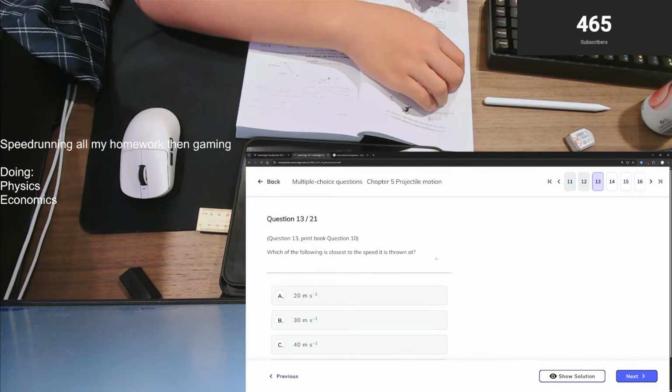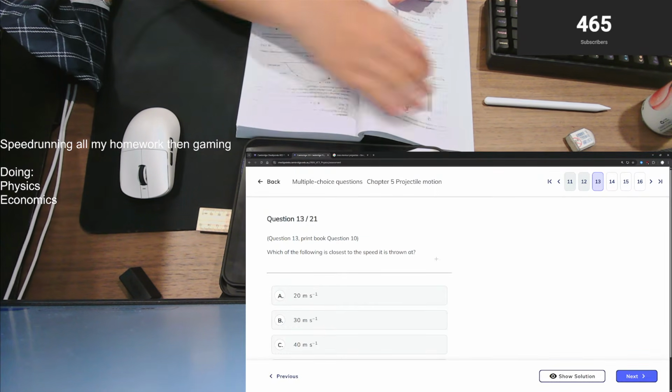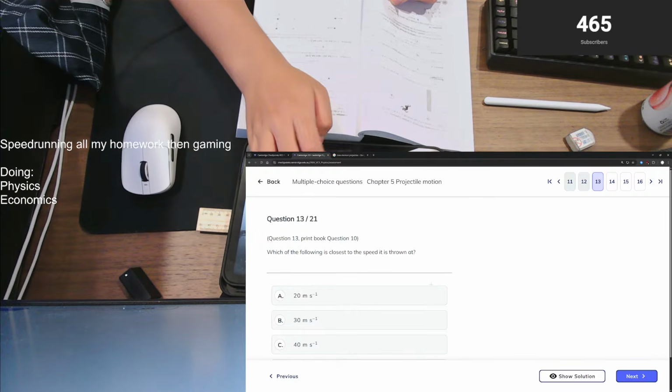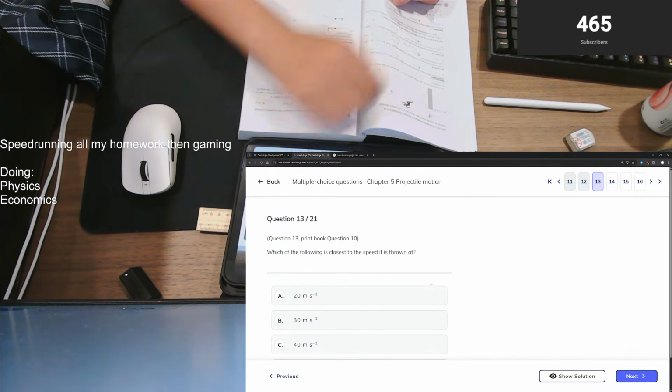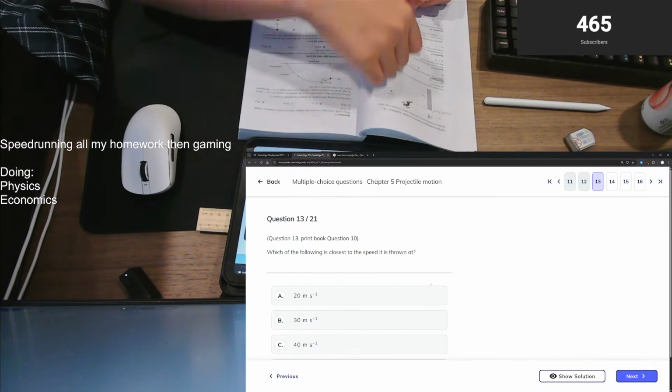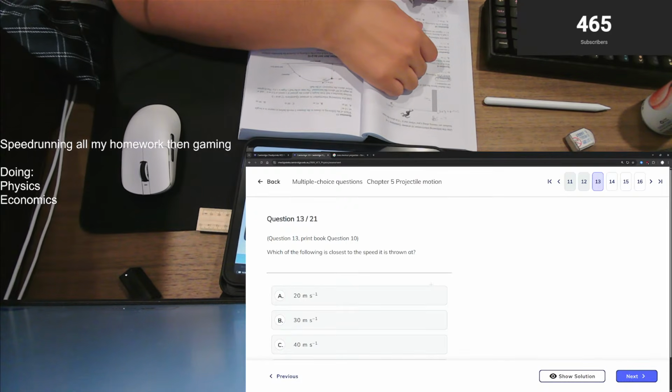I'm trying to find U. S equals UT plus half AT squared. 1 equals U times 3.05 plus.